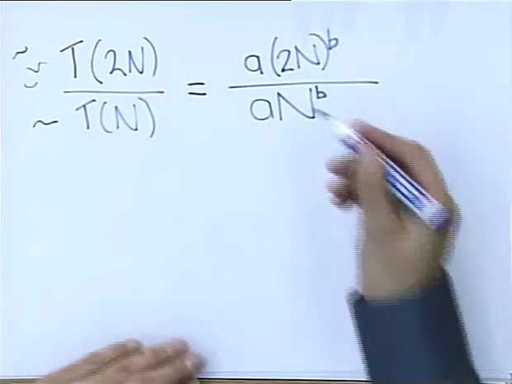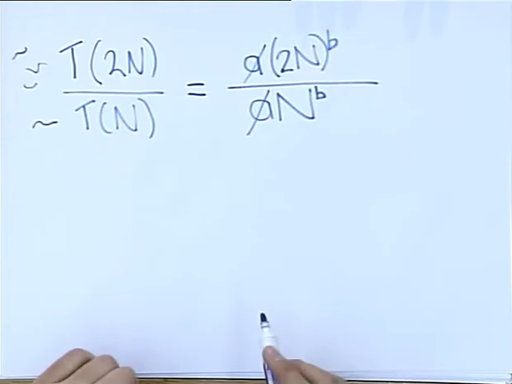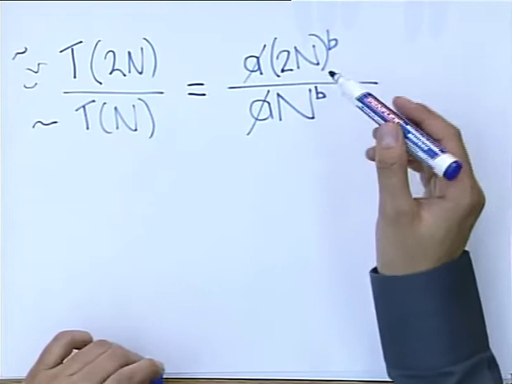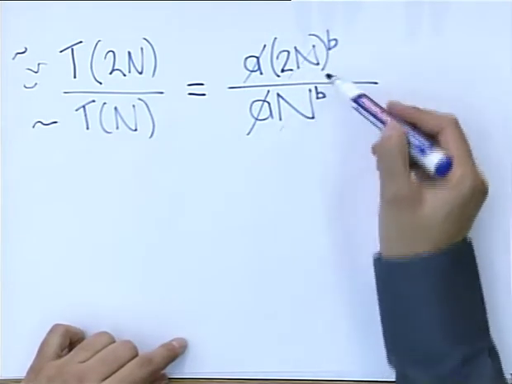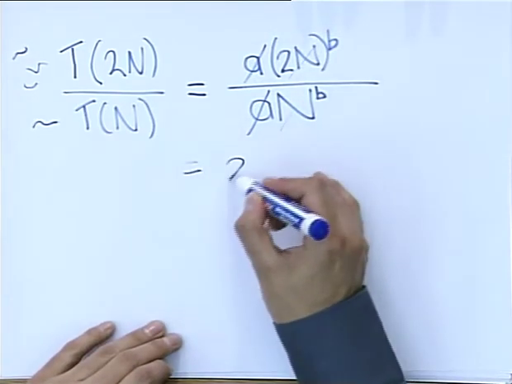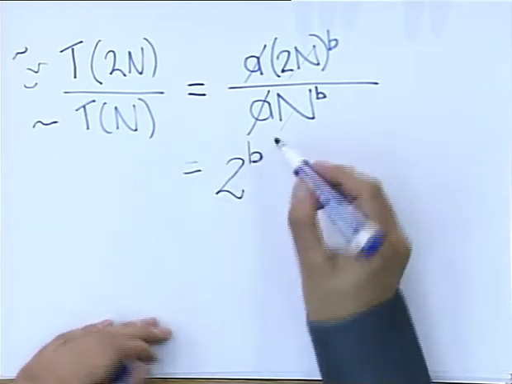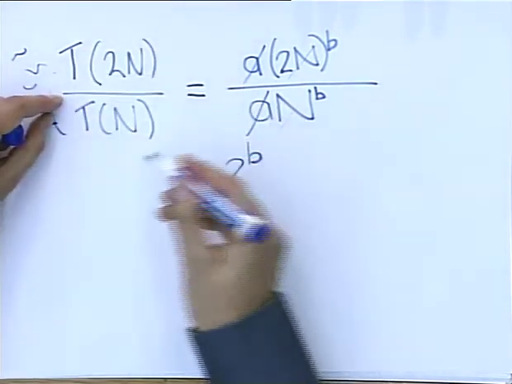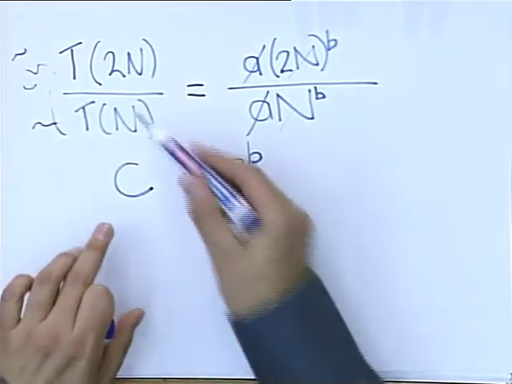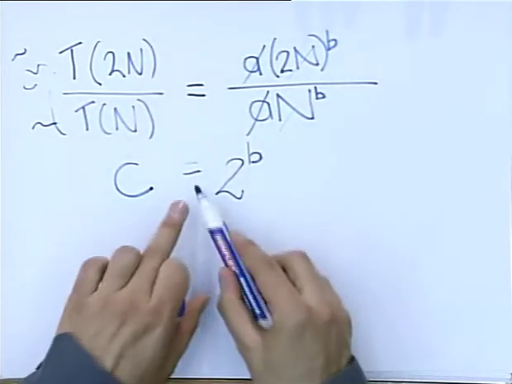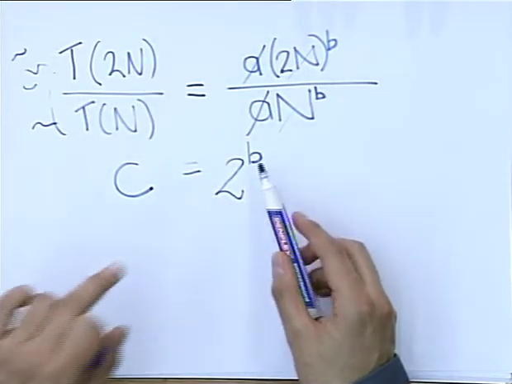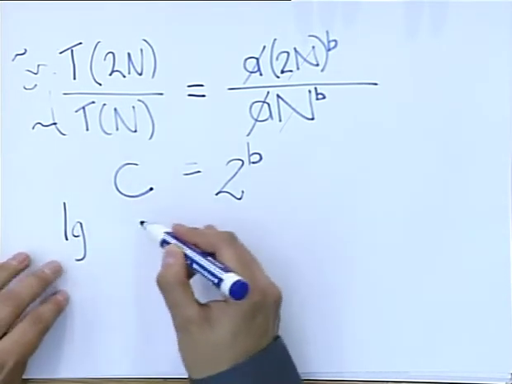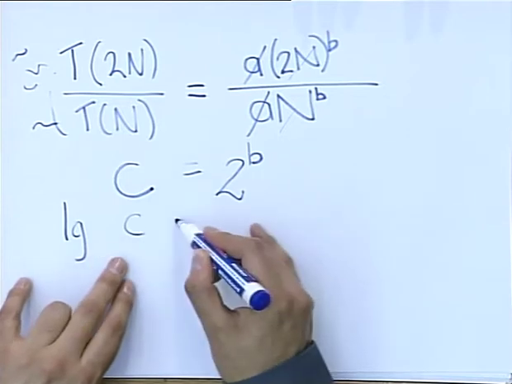The nice thing is the a gets cancelled out, and this n and this n cancel out, so you have 2 to the power of b. So let's call this constant c, this division, this is the ratio, and that's equal to 2 to the power of b. So in other words, to get b, we can just take the log on both sides. So the log of c is equal to b.